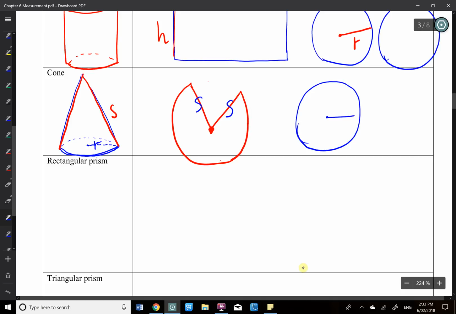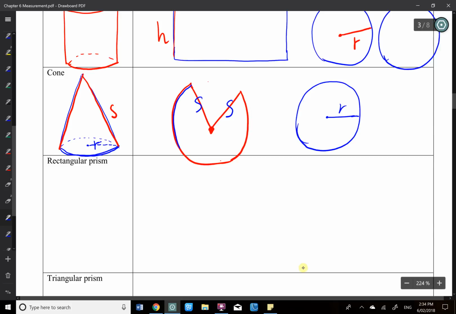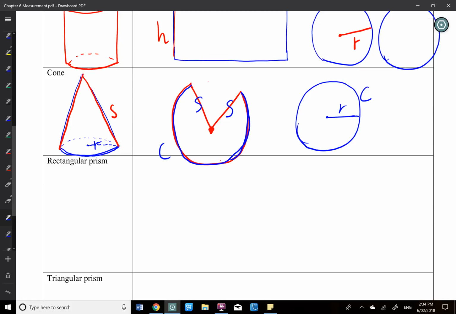The circumference of the base will be the same as what? The edge of the sector. That length will be the same as the circumference. When you glue that together, that becomes the circle at the bottom.